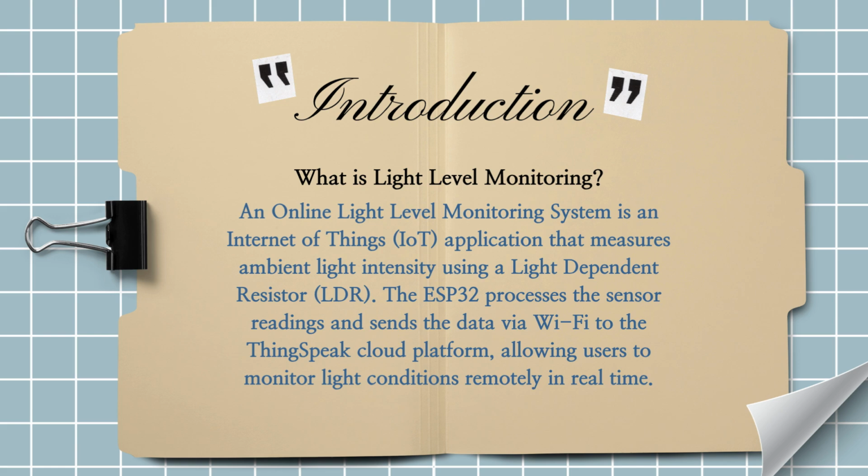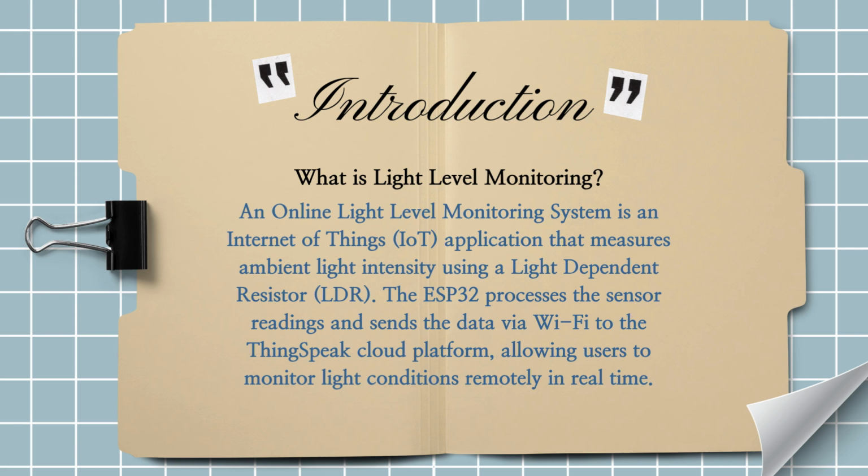Before explaining our project, let me briefly introduce what an online light level monitoring system is. This system is an Internet of Things or IoT application that measures the surrounding light intensity using a light-dependent resistor, also known as an LDR sensor.